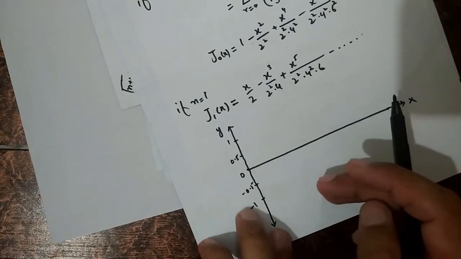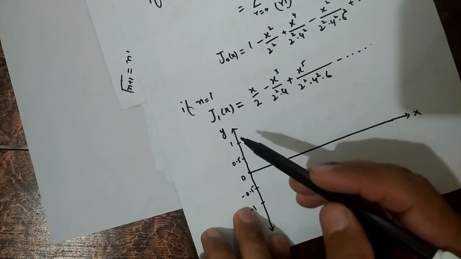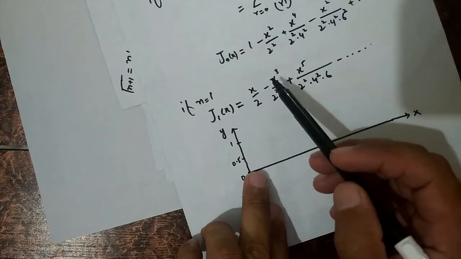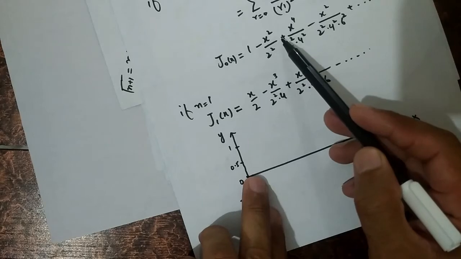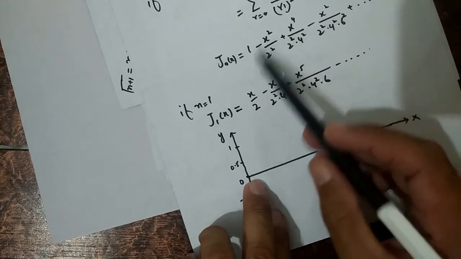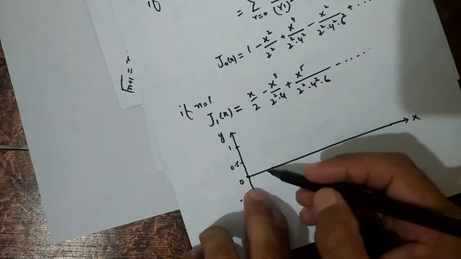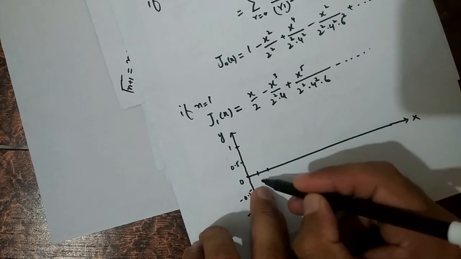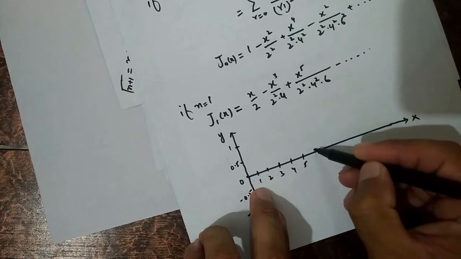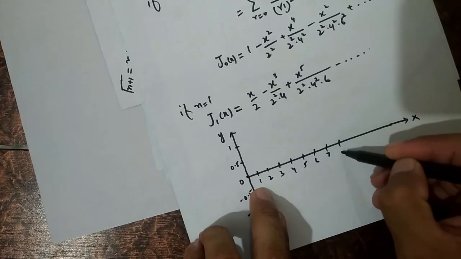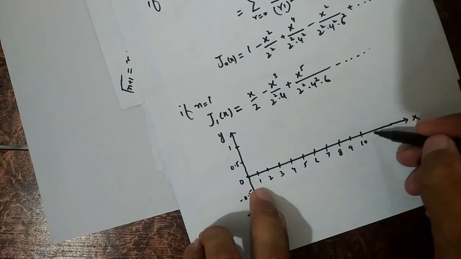Clear? So first for the J naught, if we put x equal to 0 in this expression, it will give us 1. Clear? So the graph will start here. These are the values of x: 1, 2, 3, 4, 5, 6, 7, 8, 9, 10 and so on.